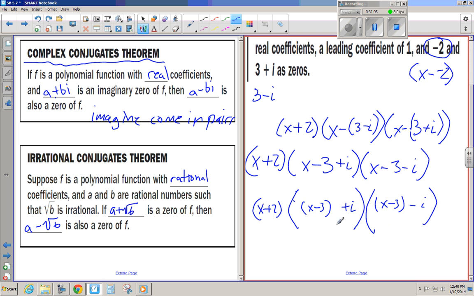So these are conjugates. You square the first part, and you square the second part.